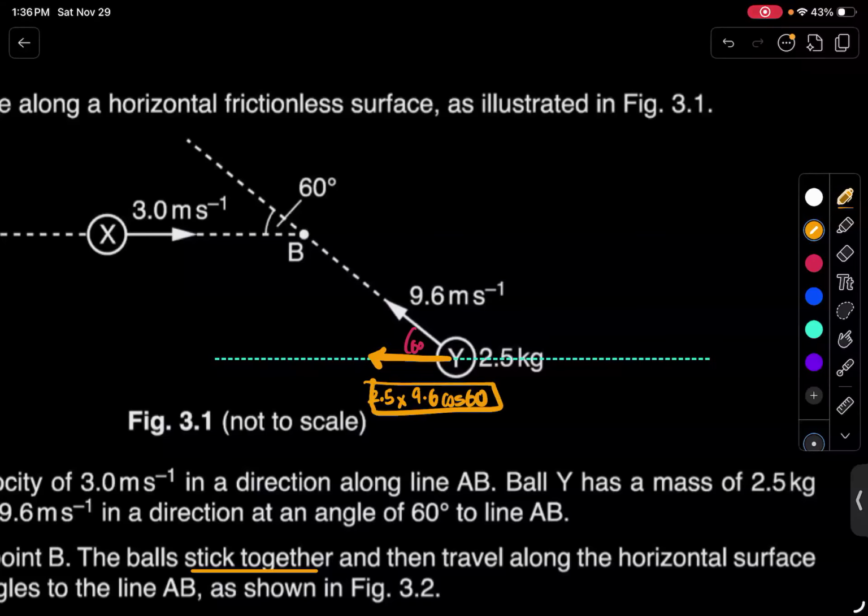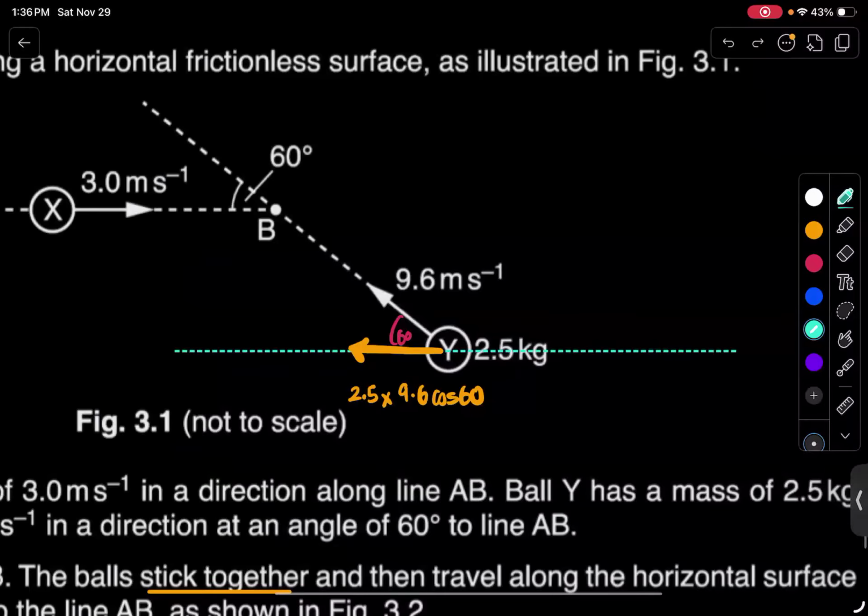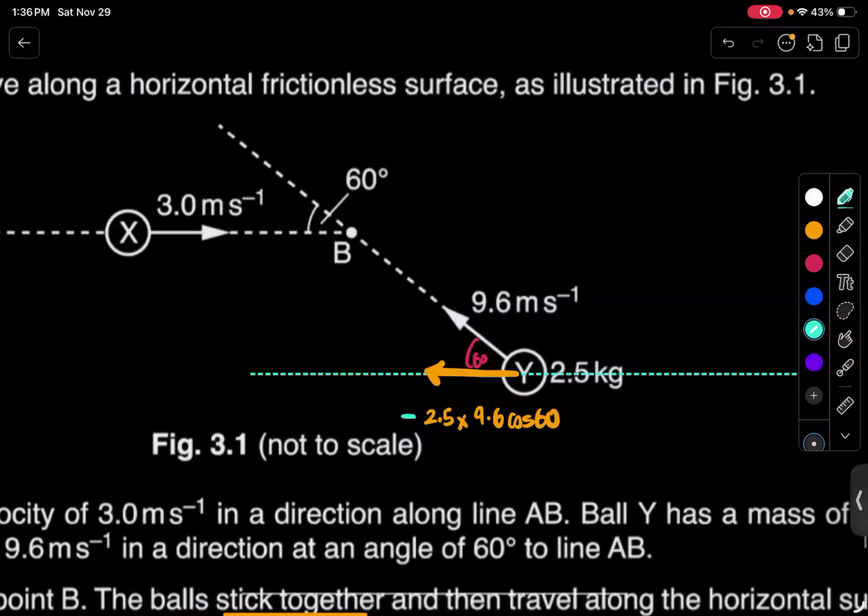Why cos 60? Because you want the horizontal momentum. But it's going to be negative, because if you take the right side as positive, this ball is moving towards the left side.